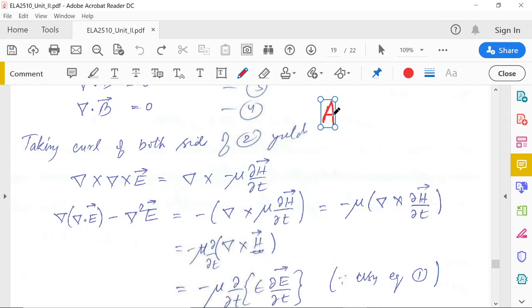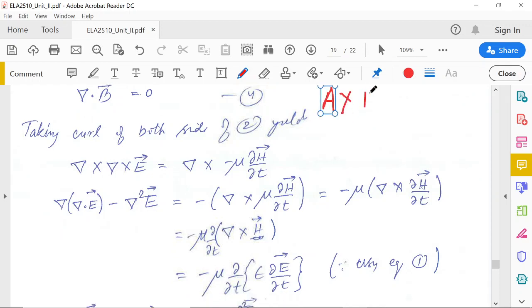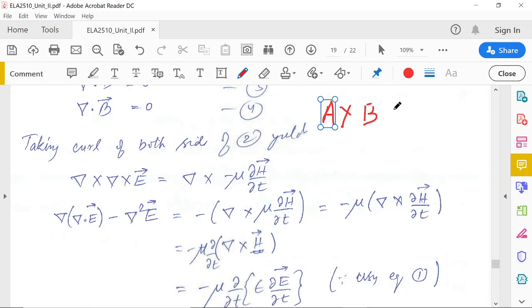If we have three vectors, A cross B cross C, you can simplify the identity to just back minus cap. We have discussed this in the class.